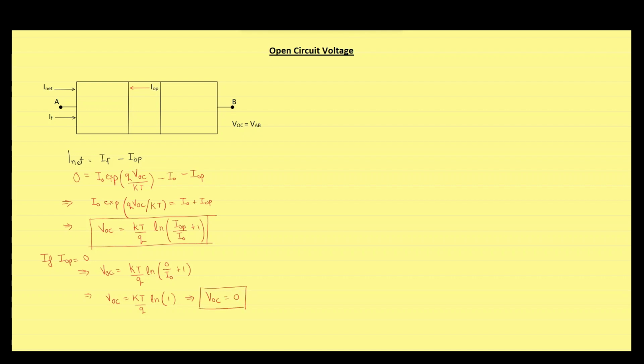So, it can be clearly observed that this open circuit voltage results only because of optical generation rate. If there are no photons incident on the semiconductor, then there will be no open circuit voltage. And the appearance of a forward voltage across an illuminated junction is known as photovoltaic effect.